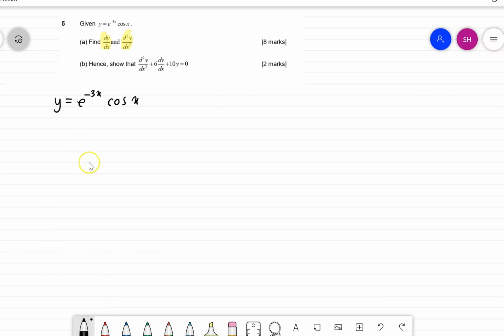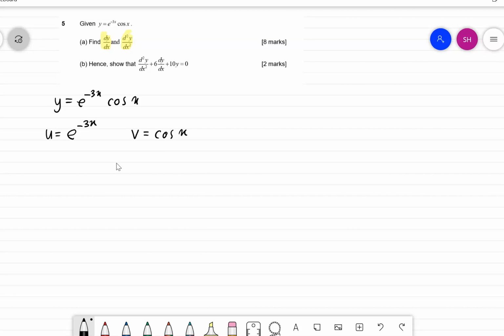Okay, we're going to use the product rule to find dy over dx. Why? Because we have two functions, which is e to the power of negative 3x times by another function, which is cos x. So u equals e to the power of negative 3x, v is cos x.